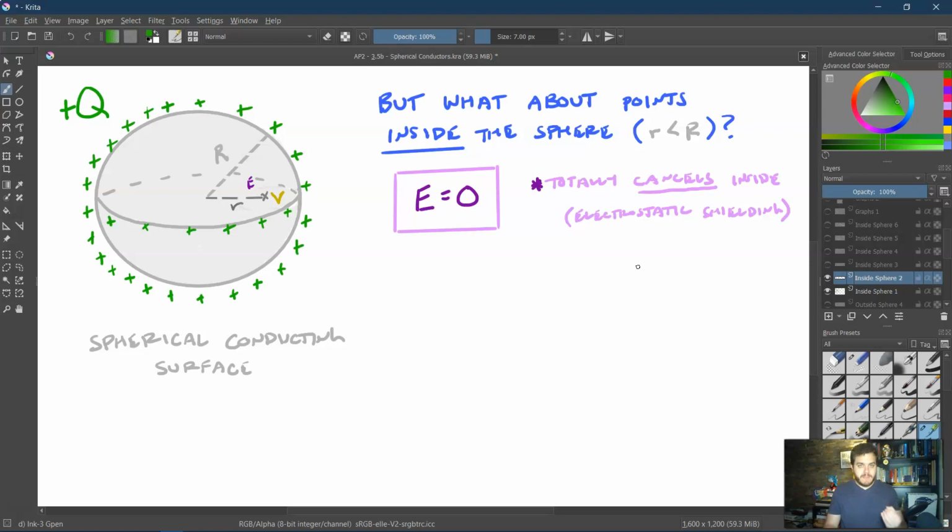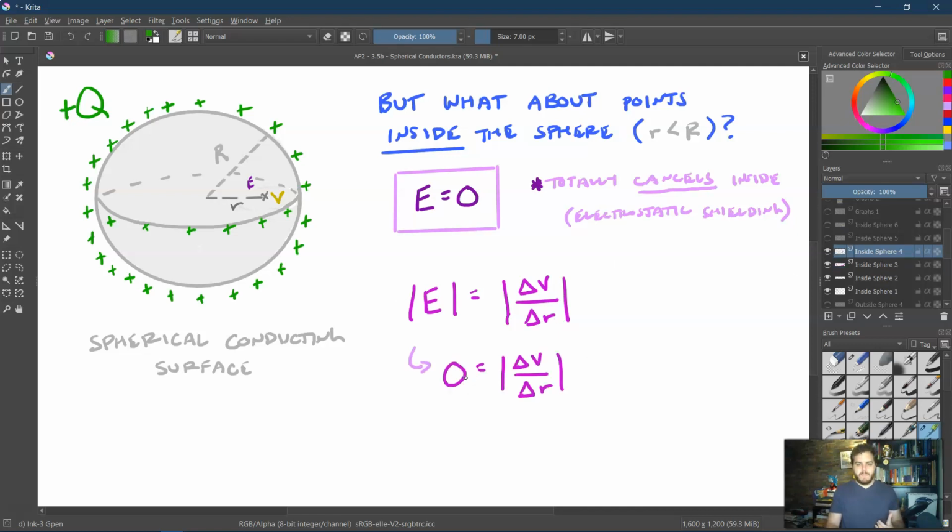Now going a step beyond that, if I know that the electric field is 0, remember I have this equation that E is equal to the change in potential, the voltage, over some change in r, some distance. If the electric field is 0 inside the sphere, it tells me that the change in potential must be 0, too.